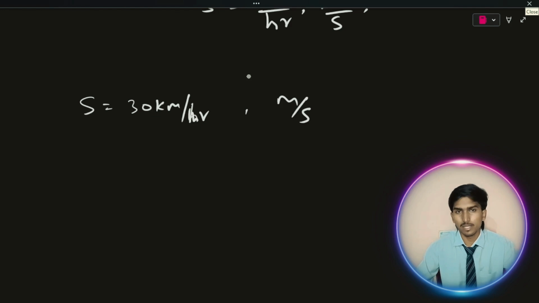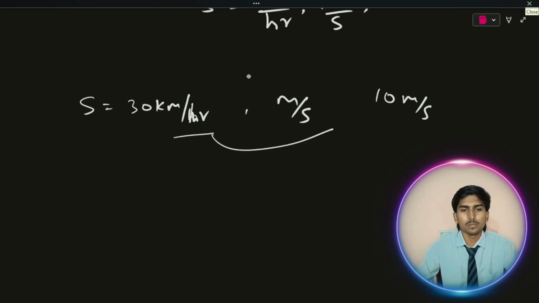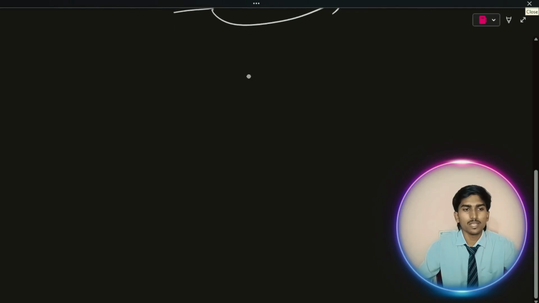You need to convert actually. For example, the options are given in 10 meter per second. You need to convert from kilometer per hour to meter per second. So how to convert, you should know this whenever you're solving the problems. So we are going to learn about conversion of units.